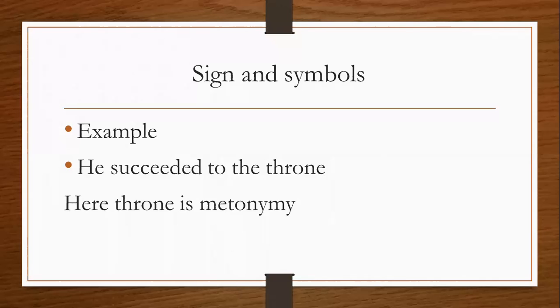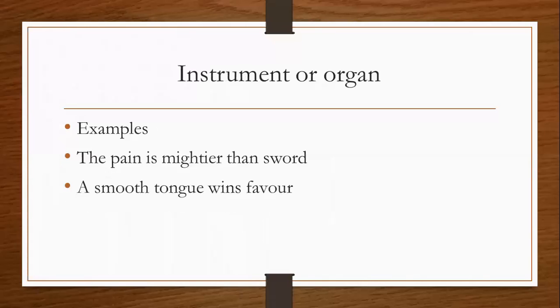Throne is a metonymy, which means king. He succeeded to the king; it makes sense that he became the king, and here throne is the metonymy. Next slide, sir, please.